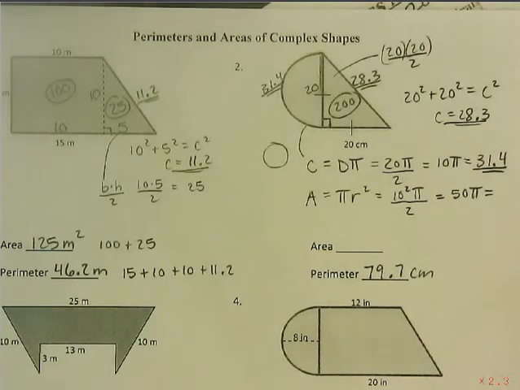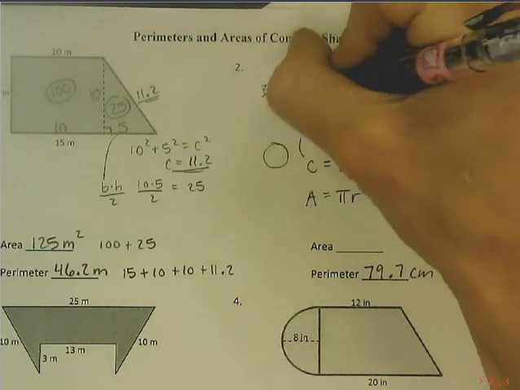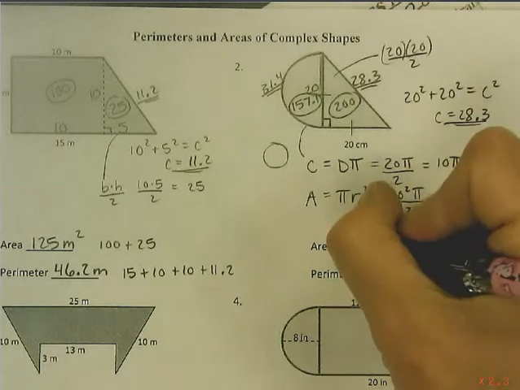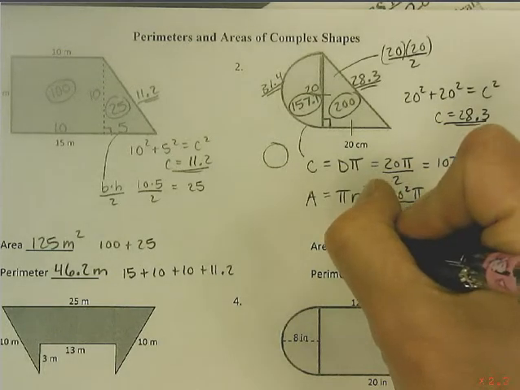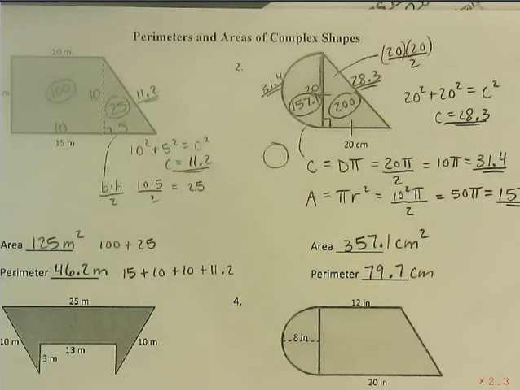And if you compute the decimal equivalent, that should be 157.1. Okay. So by adding these two areas together, we will get the full area of 357.1 square centimeters.